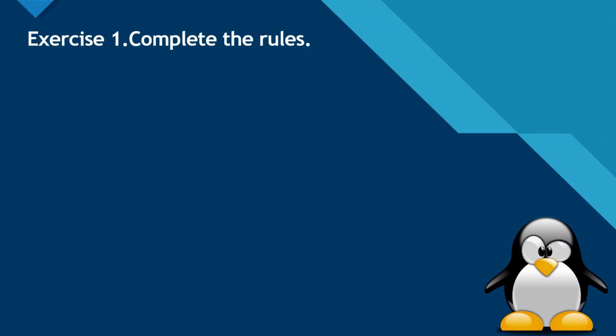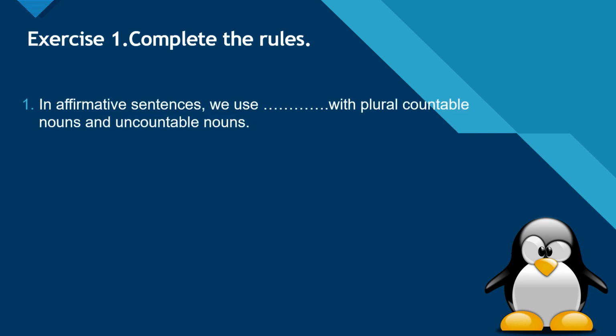Okay, now let's revise the rules for the quantifiers that we have learned in previous slides. Exercise 1. Complete the rules. Question number 1. In affirmative sentences, we use what with plural countable nouns and uncountable nouns.